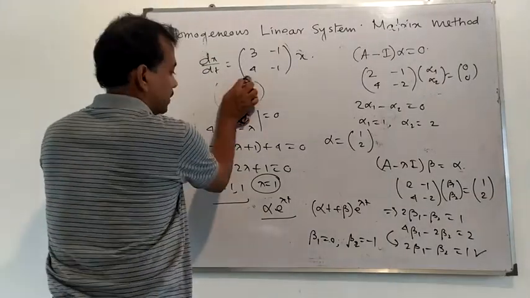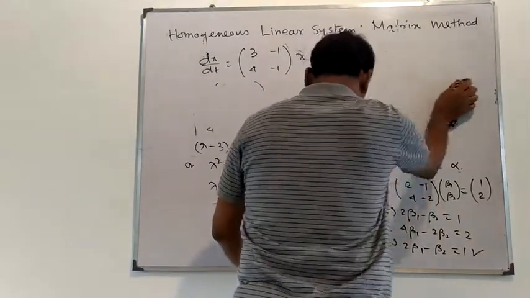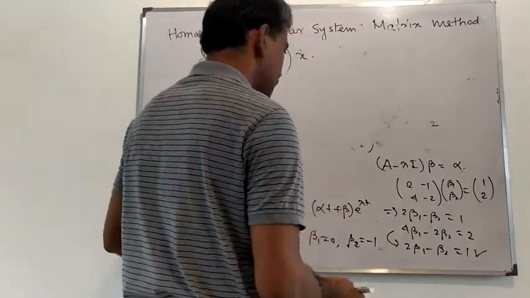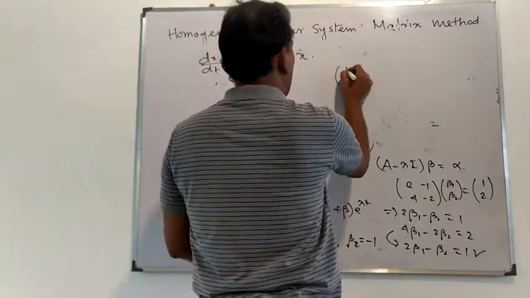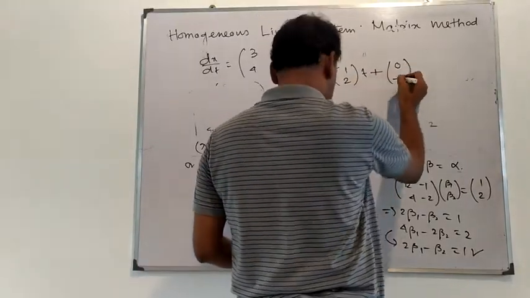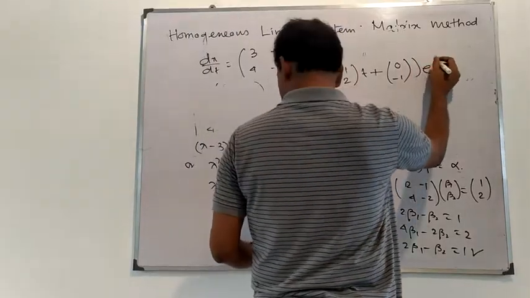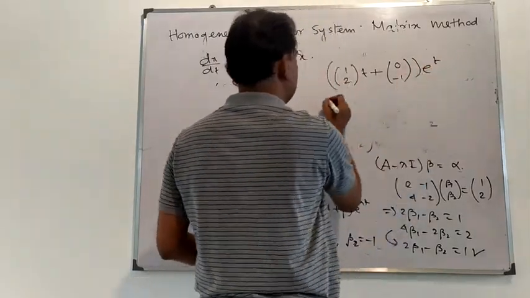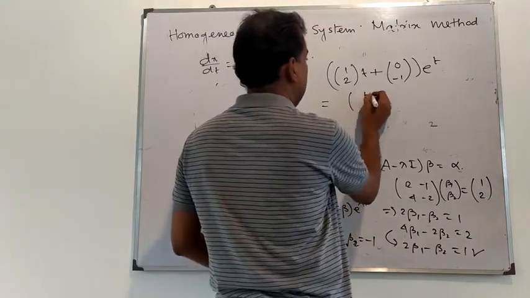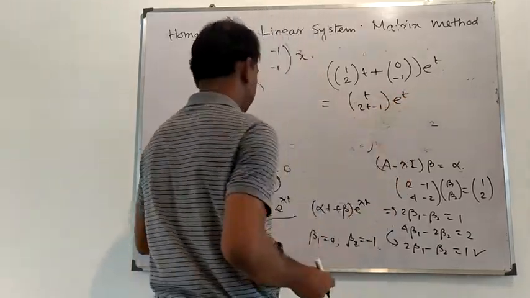So the second solution is, here alpha equal to (1, 2), into t, plus (0, minus 1), into e to the power lambda t, lambda equal to 1, that is (t, 2t minus 1) into e to the power t.